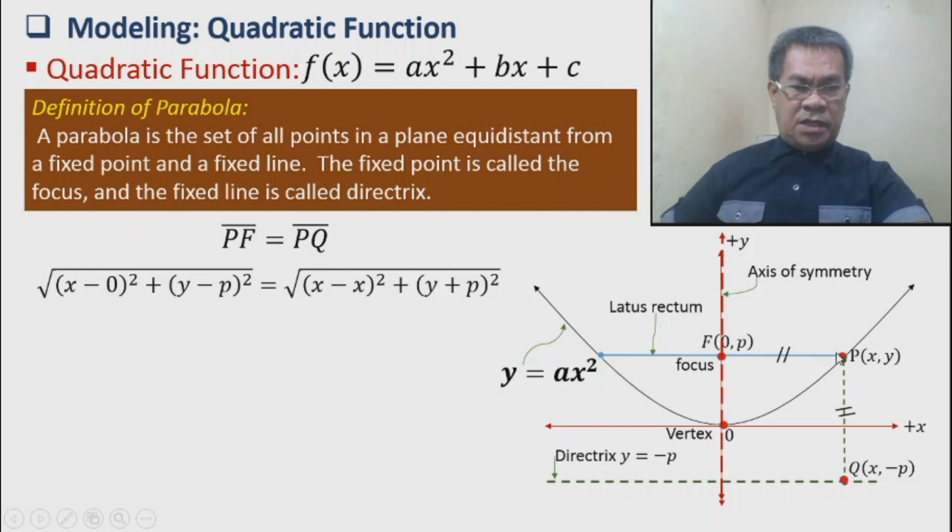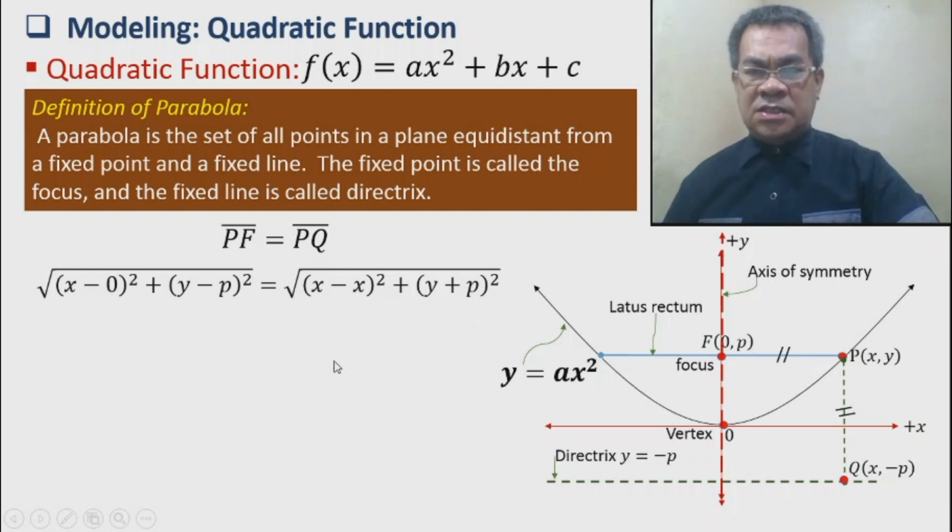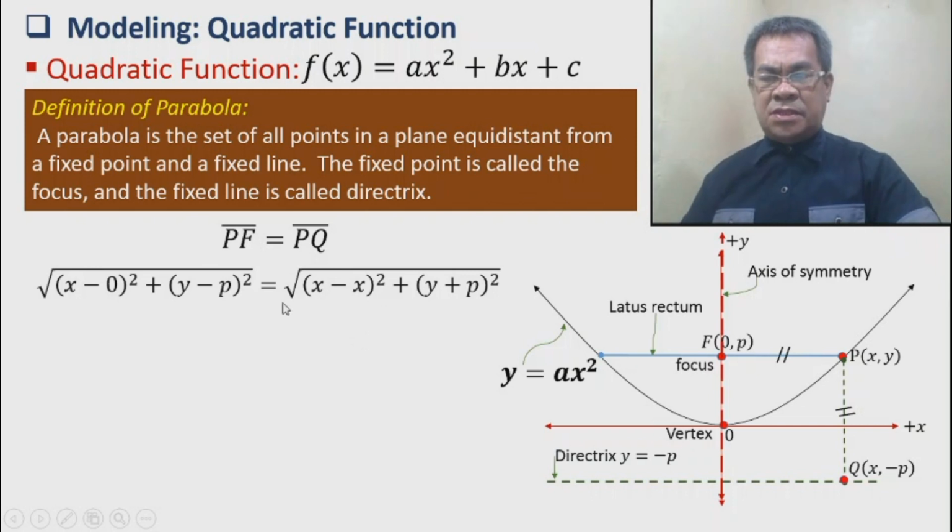And PQ is x minus x squared, plus y minus, then minus p, so negative times negative becomes positive p, then square it, then take the square root. Okay, so therefore this is now the relation. This relation involves y, p, and x.